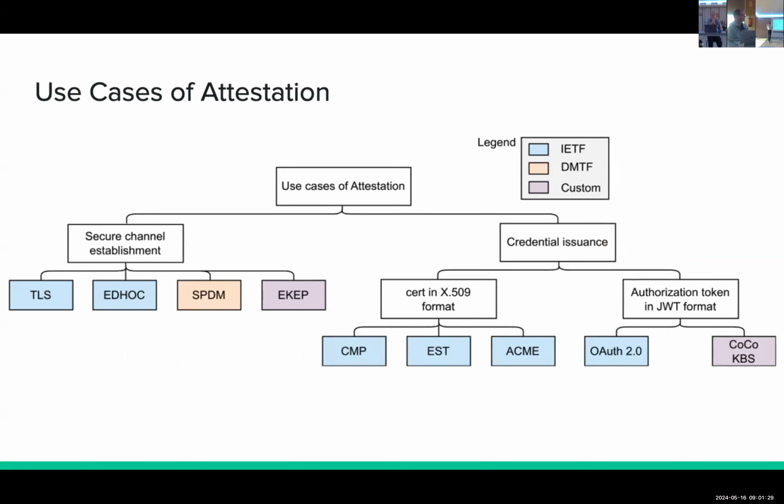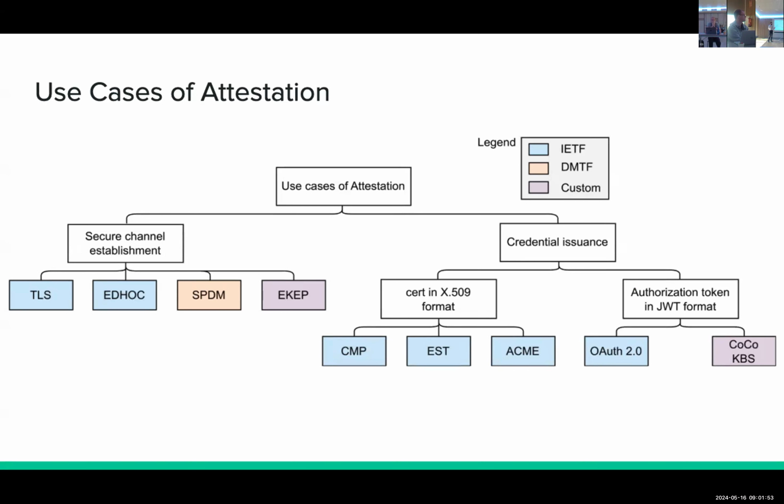This is the overall spectrum of attestation. What we have done is to categorize it into two main high-level categories. Secure channel establishment is one of the applications or use cases of attestation, and the other one is credential issuance. Secure channel establishment, as the name says, means two or more parties are trying to create a secure channel through which they can transmit data.